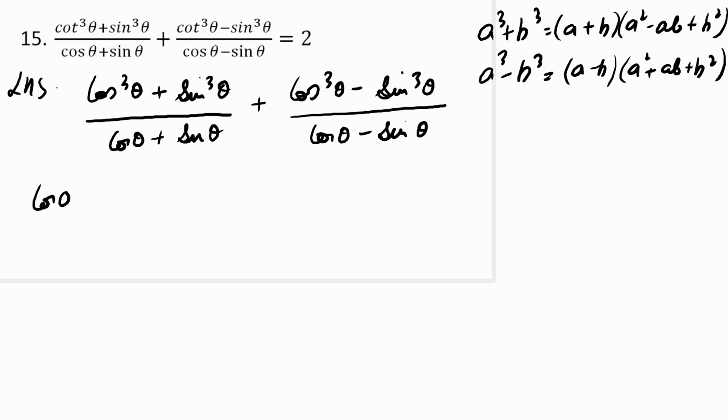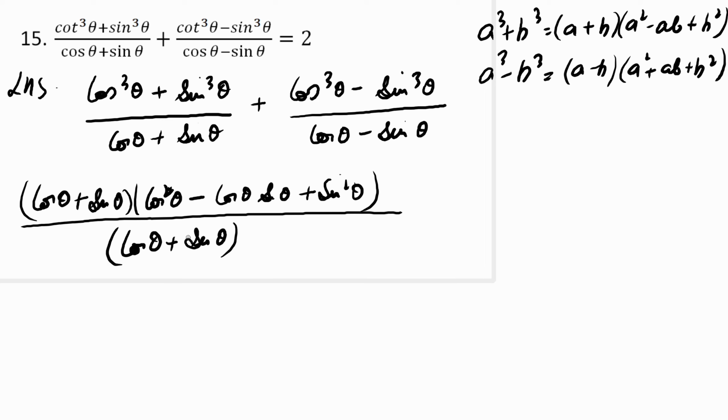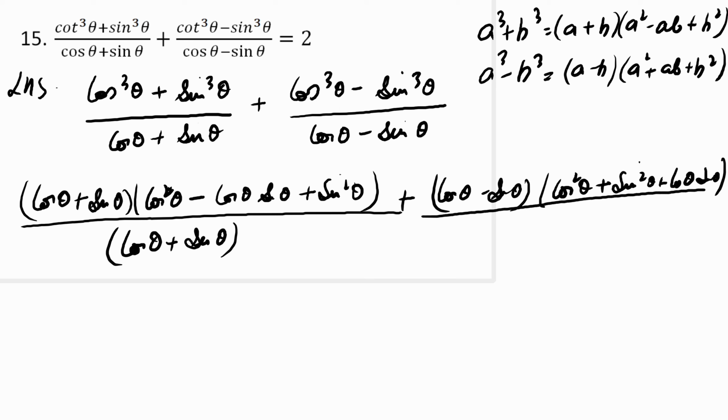We can write cos theta plus sine theta, cos square theta minus cos theta sine theta plus sine square theta, whole upon cos theta plus sine theta, plus cos theta minus sine theta, cos square theta plus sine square theta plus cos theta sine theta, upon cos theta minus sine theta.